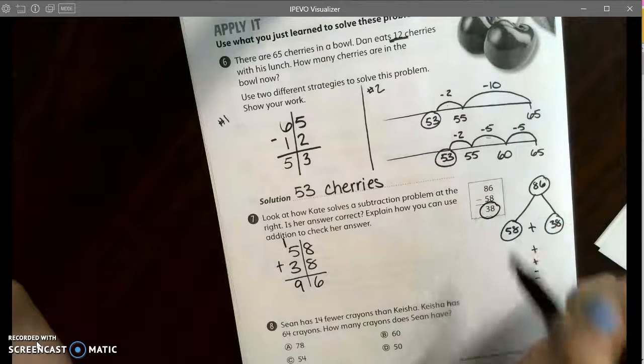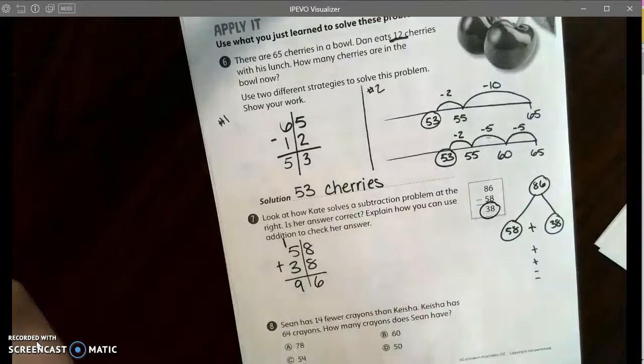Is Kate right that 86 minus 58 equals 38? No, right? She is not.